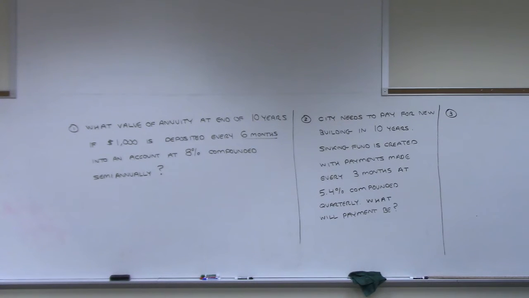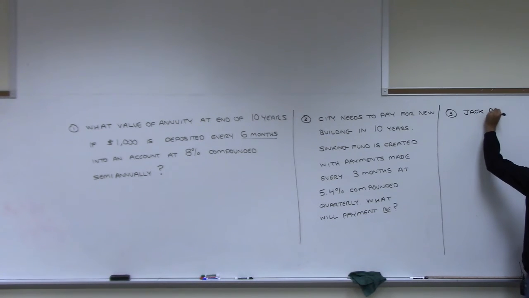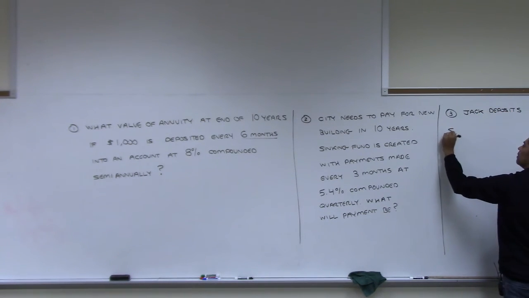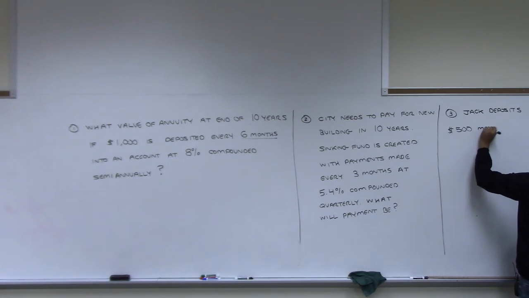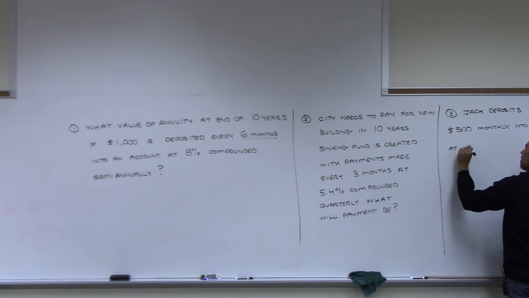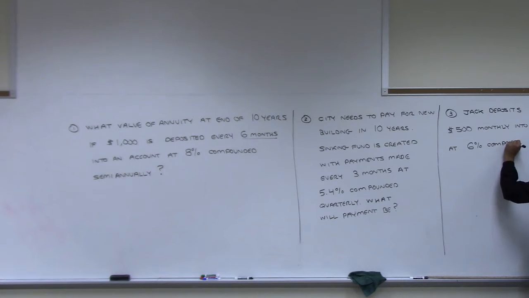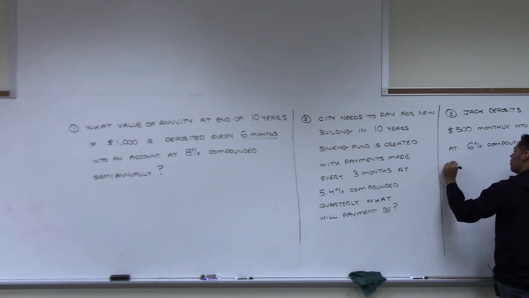All right, third and last one. Jack deposits $500 monthly into an IRA at 6% compounded weekly.